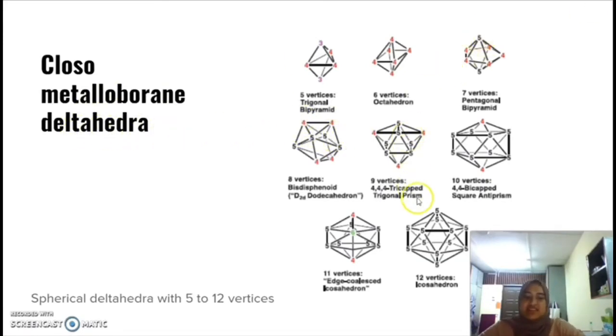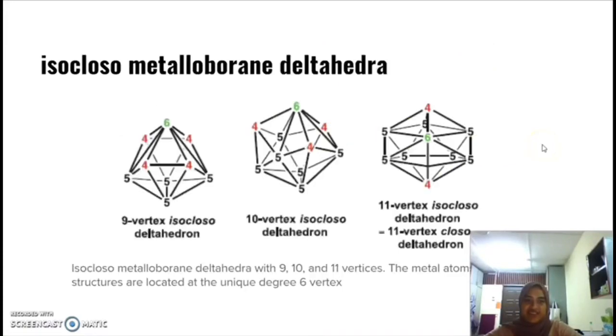This structure looks more like a spherical deltahedra and it only has vertices of degree 4 and 5. But the deviation from sphericity results from the preference of transition metals for degree 6 vertices, forming the isocloso metalloborane deltahedra.